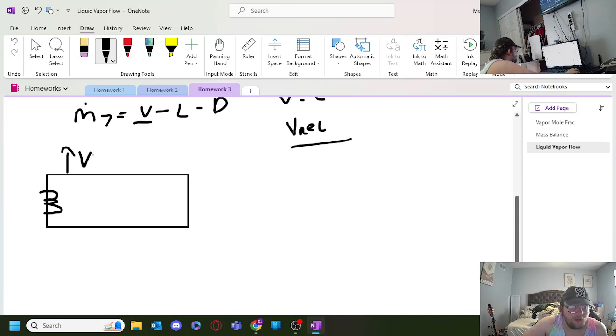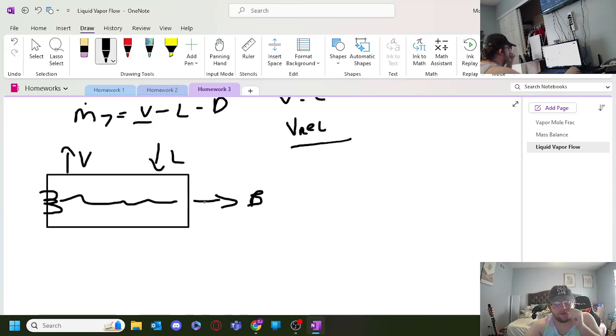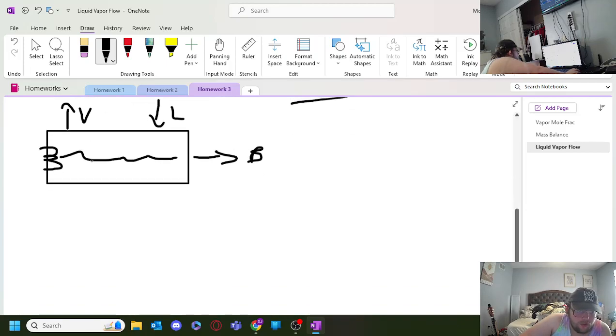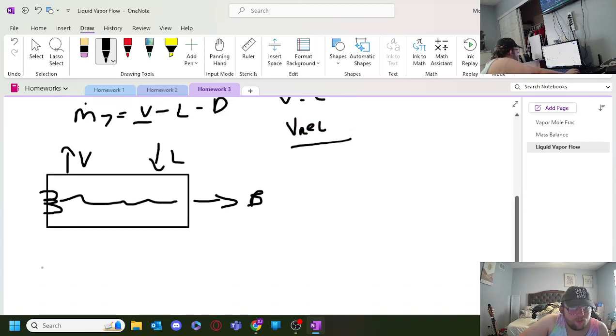Got V coming out here, liquid coming out here. We also got our bottoms. So for this V, we're going to call this one V strip, because that is what's happening in the stages below the feed. Our stripping V.